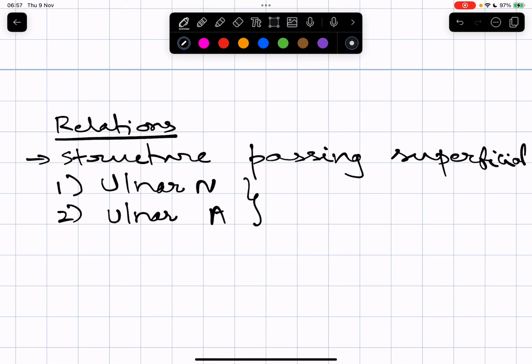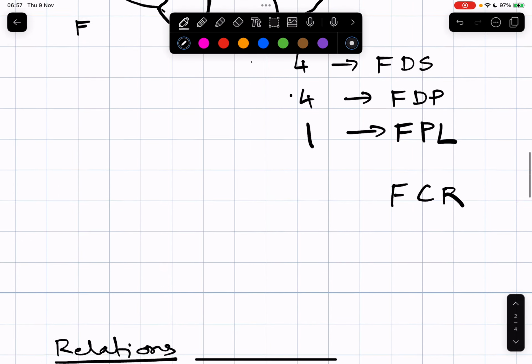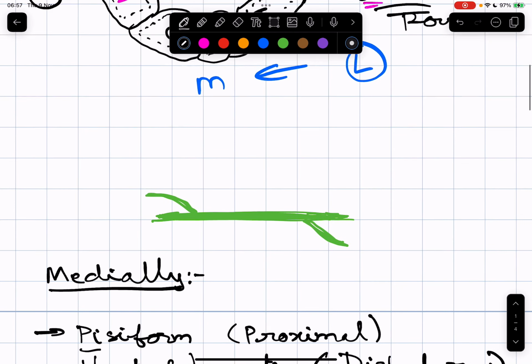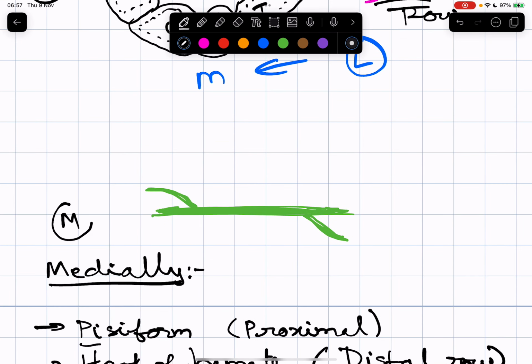These two pass deep to the volar carpal ligament, and the compartment that is formed between this superficial slip, this is medial, this is lateral, this is the superficial slip of flexor retinaculum, the deep slip of flexor retinaculum, and this structure is the flexor retinaculum.